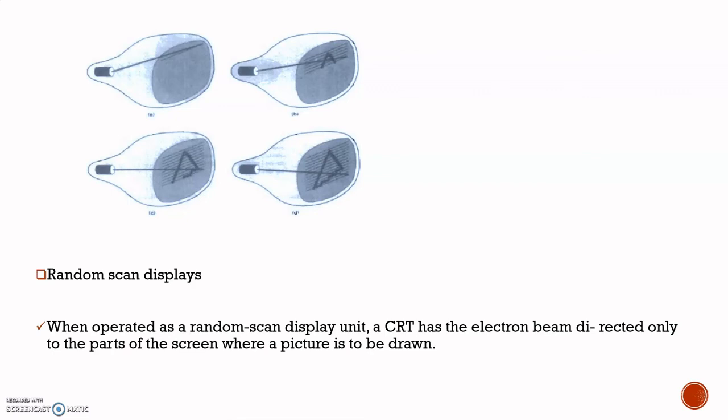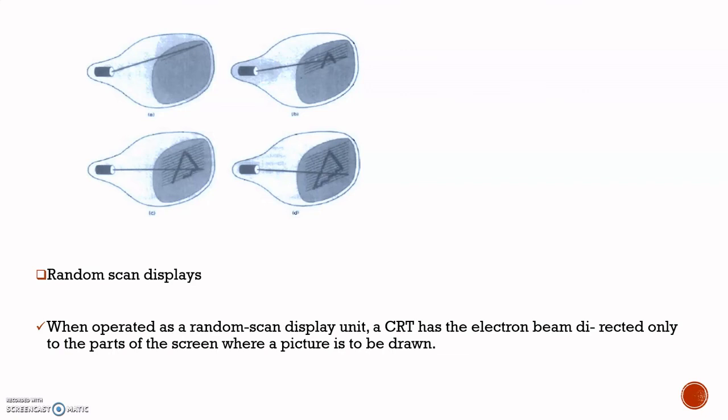Our next display device is the random scan display. Let's see what a random scan display is. When operated as a random scan display unit, a CRT has the electron beam directed only to parts of the screen where a picture is to be drawn.